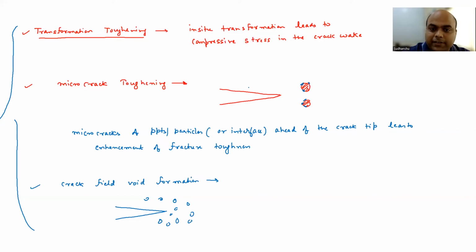If I say this is crack surface 1, crack surface 2, they are not touching anything else, right? So you're shielding the zone, and that's why the name is zone shielding. You're shielding the zone, especially in the wake of the crack tip, and that's why you're reducing the crack tip driving force.